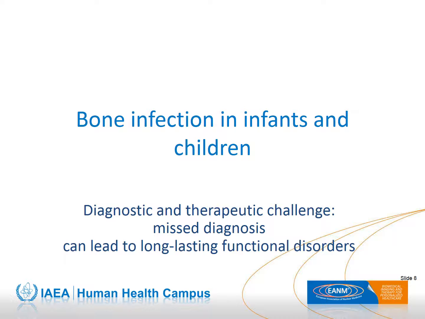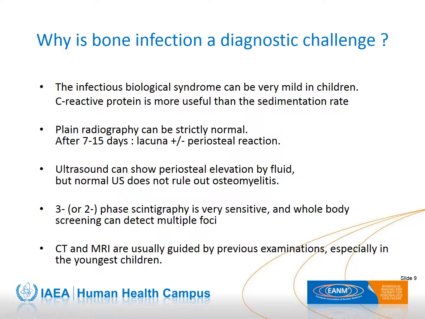Diagnosis of bone infection in children is a real challenge, especially because a misdiagnosis can result in long-lasting functional problems. Biological signs of infection are often very discreet in children. One of the most useful analytes is C-reactive protein.